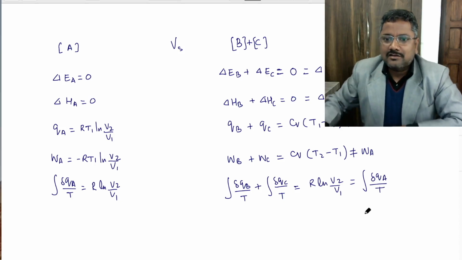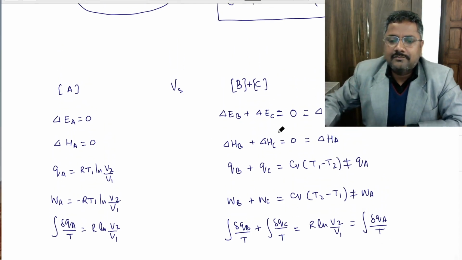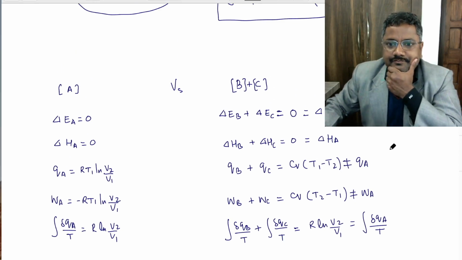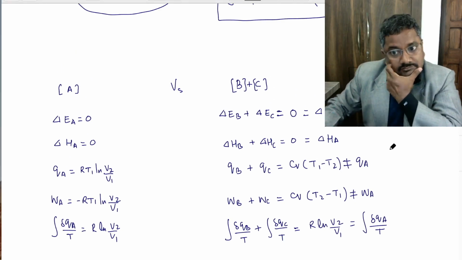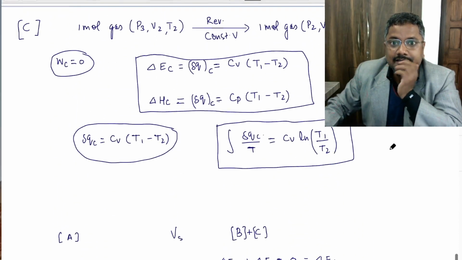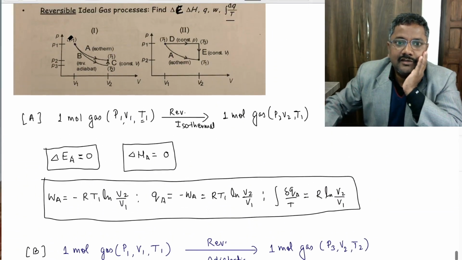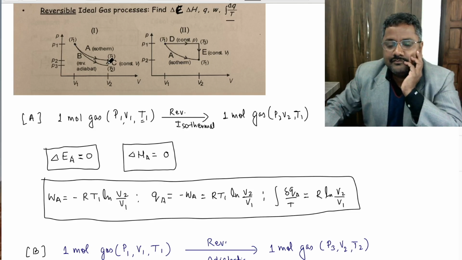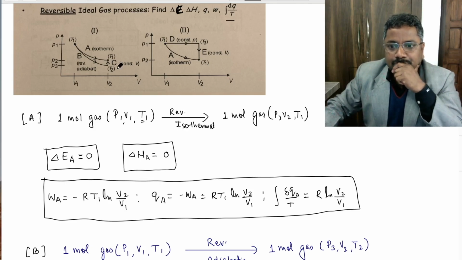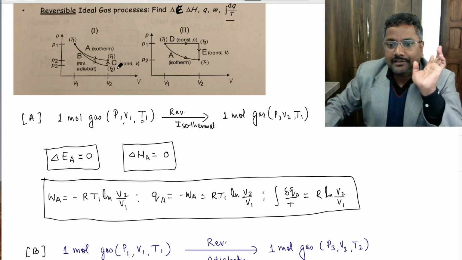So what conclusion can we draw from this observation? That this Q by T along this path, and Q by T along this path plus this path, is the same.